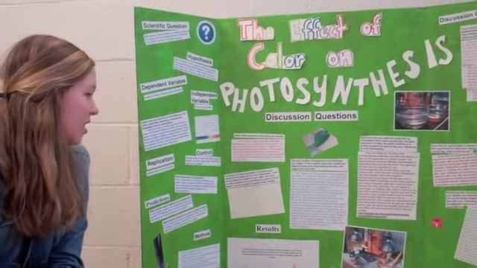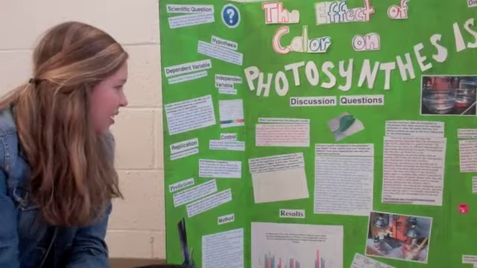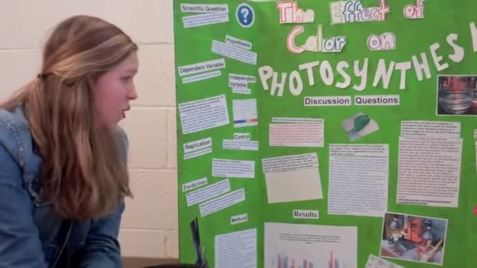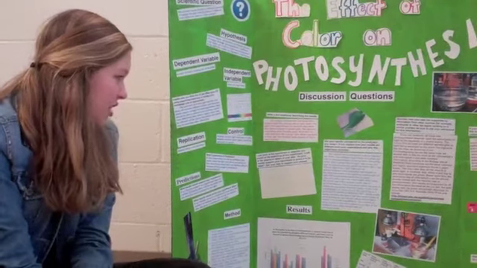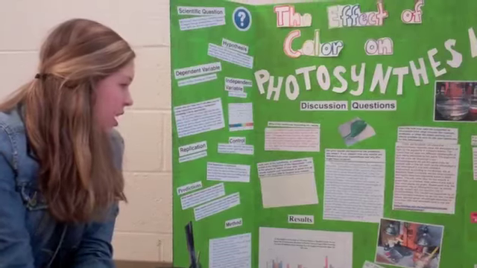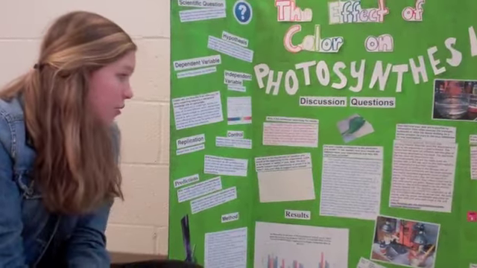Our prediction was based on the idea that there is an optimum wavelength of light that can be best absorbed by plant pigments. We expected all the tests other than the green light filter to have some rate of photosynthesis. This is because when we looked at plants, we see green.